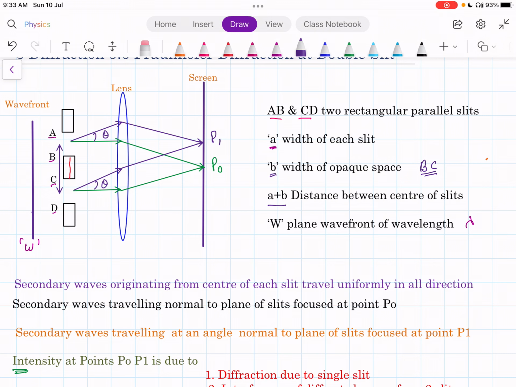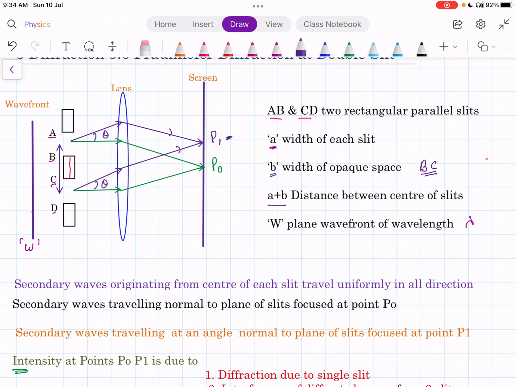So those waves which are reaching at point P1, and now in this case we are considering only two waves, one from the center of slit AB, another one from the center of slit CD. These two waves are reaching at point P1, and each wave has amplitude Em sin alpha upon alpha.